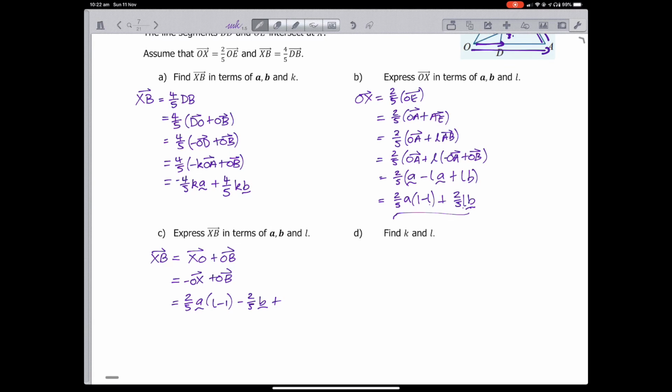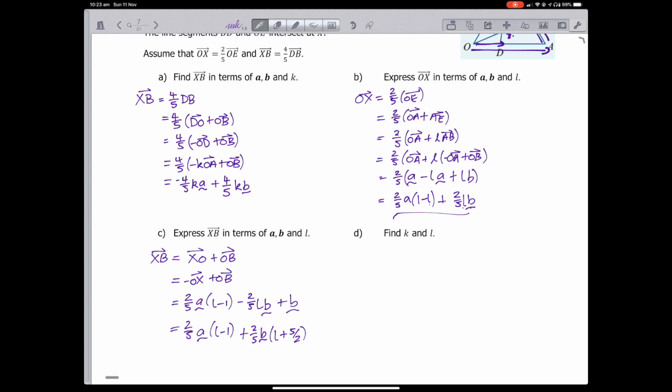So that would be LB, and then plus B. So 2/5 A, L minus 1, plus, we can say 2/5 B, L plus 5 on 2, because that would just be 1.